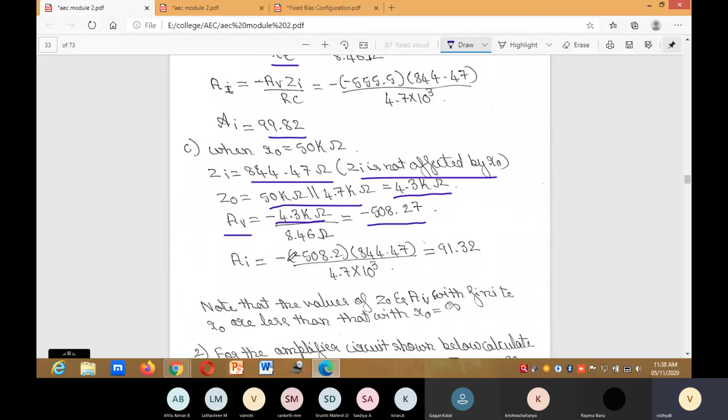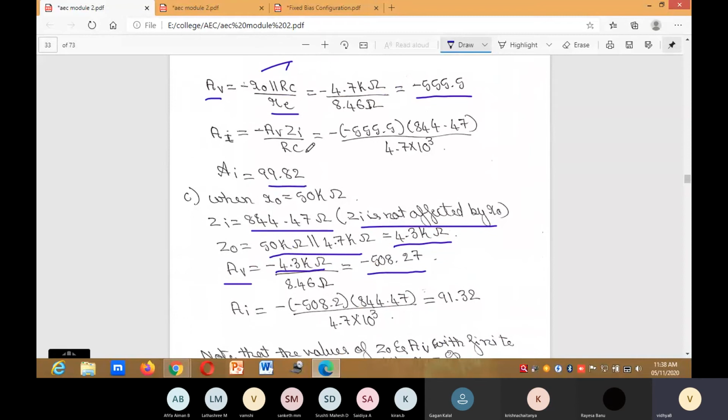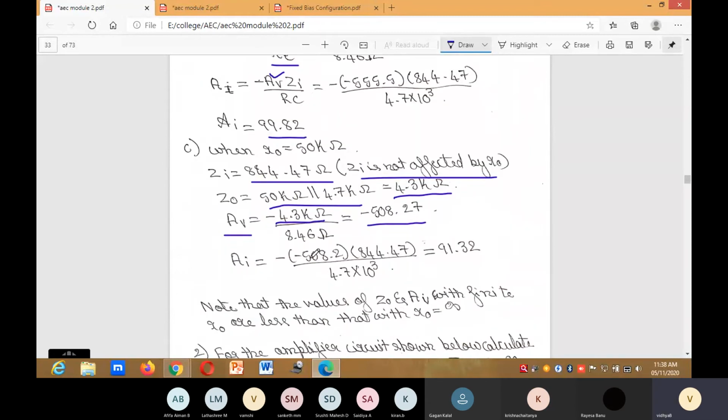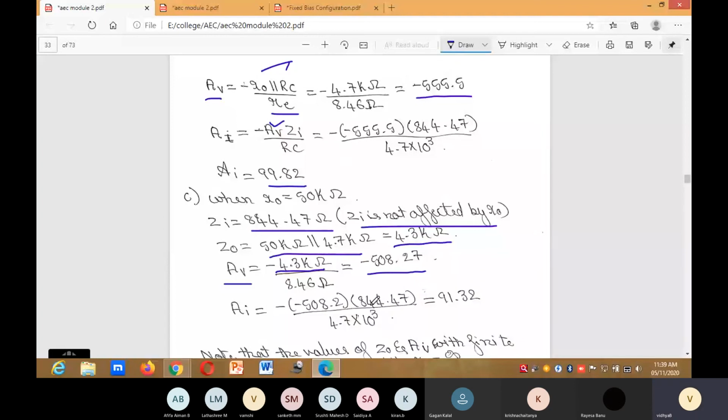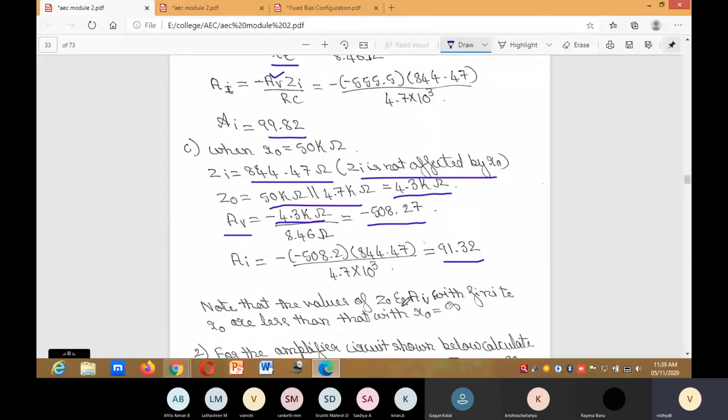AI is equal to minus AV Zi divided by RC. Here, AV value will change. AV value is minus 508.2 and Zi value is 844.47 and RC value is 4.7 kilo ohm. If you substitute, you will get 91.32. Note that values of Z0 and AV with finite R0 are less than that with R0 equal to infinity.